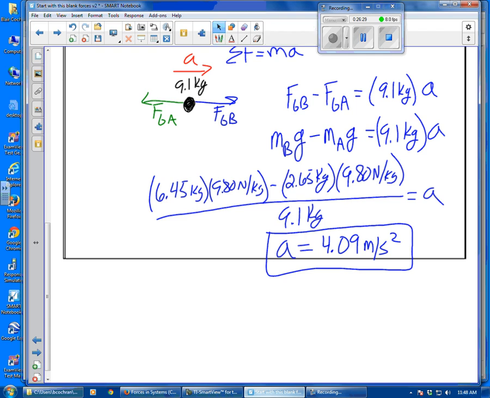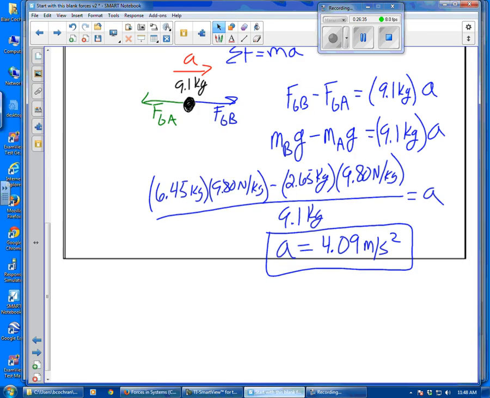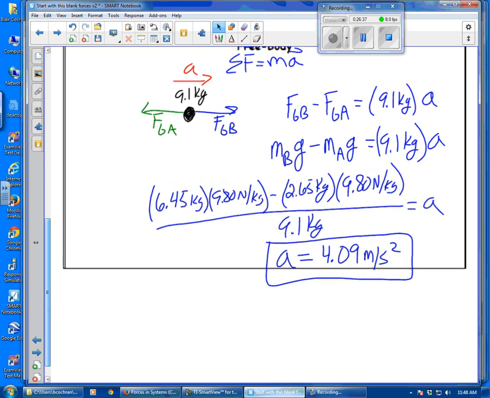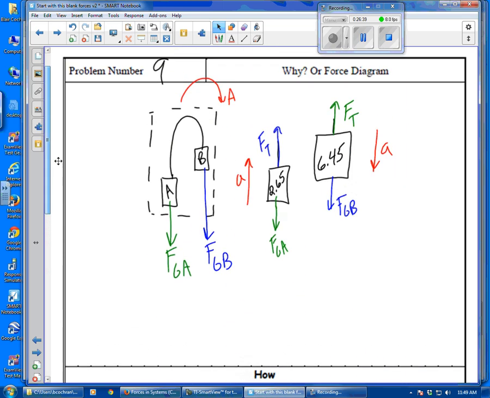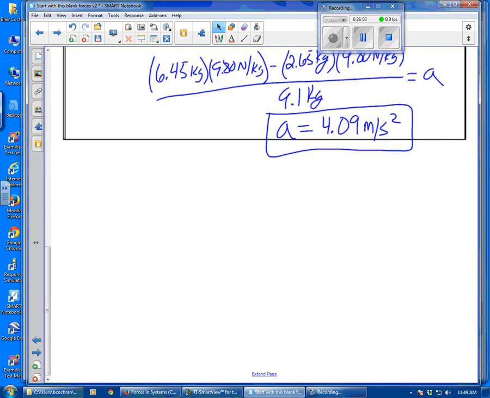Now they want me to find the tension in the string. So I can use either one to find the tension. Anyone have a preference? I'm going to use the 2.65 then. I don't know why, I just feel like it.